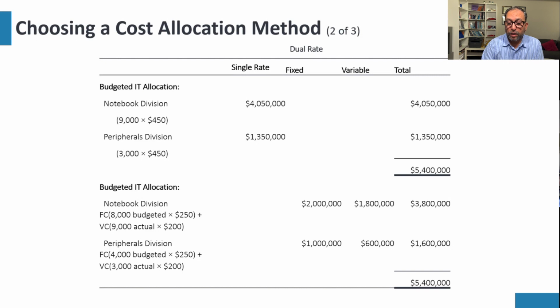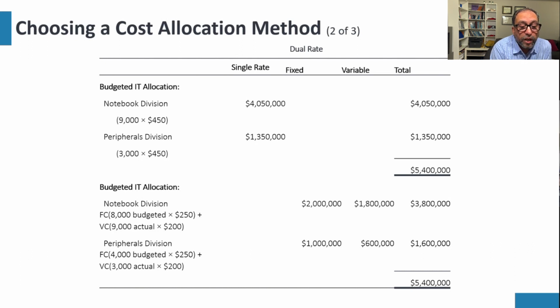Now, if we are applying the dual method, dual method means that we apply variable rates separately and fixed rates separately. So we see the notebook division fixed cost on the budgeted. Fixed cost is always distributed on the budgeted value. So budgeted is 8,000, 8,000 multiplied by 250.